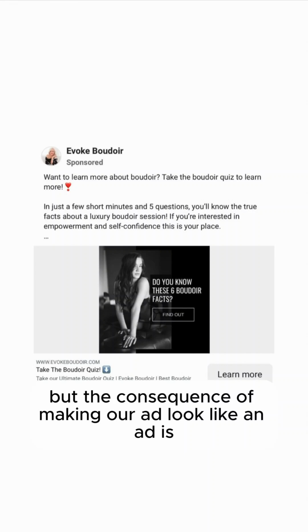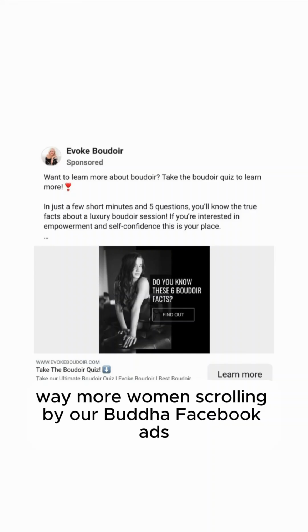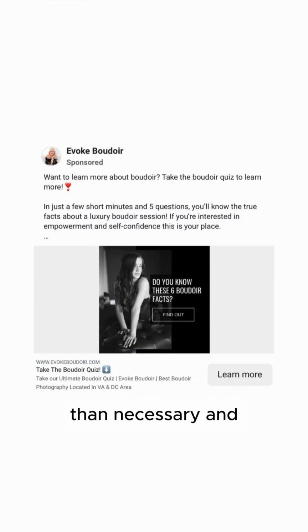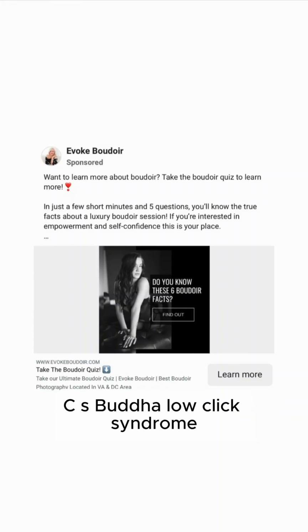But the consequence of making our ad look like an ad is way more women scrolling by our Boudoir Facebook ads than necessary. And as a result, it pulls our unique CTR under 6%, and it actually contributes to BLCS, Boudoir Low Click Syndrome.